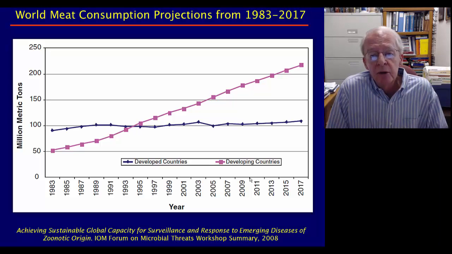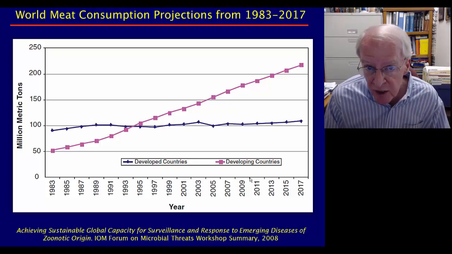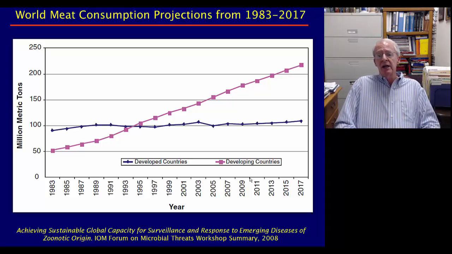This contributes to another interesting pattern, and that is world meat consumption from 1983 projected out to as far as 2017. And with the population increases, not surprisingly, the demand for dietary meat is increasing.